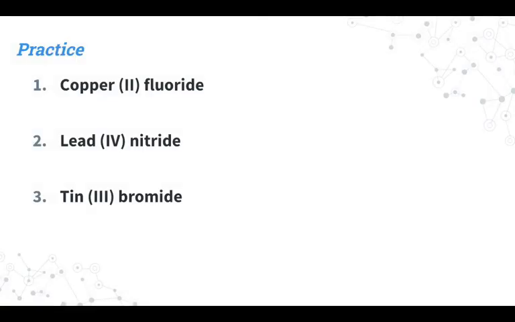Let's take a look at a few examples. We started this last class. We have copper, Cu. The charge of our copper will be 2 because of this Roman numeral, so plus 2 charge. Then we have fluoride, being fluorine.